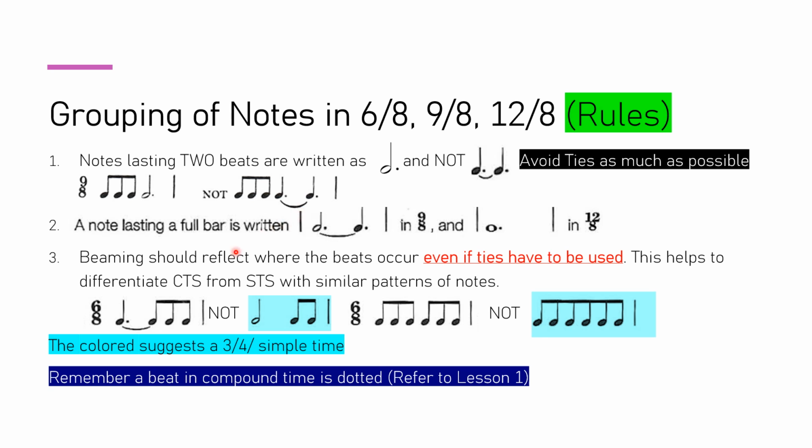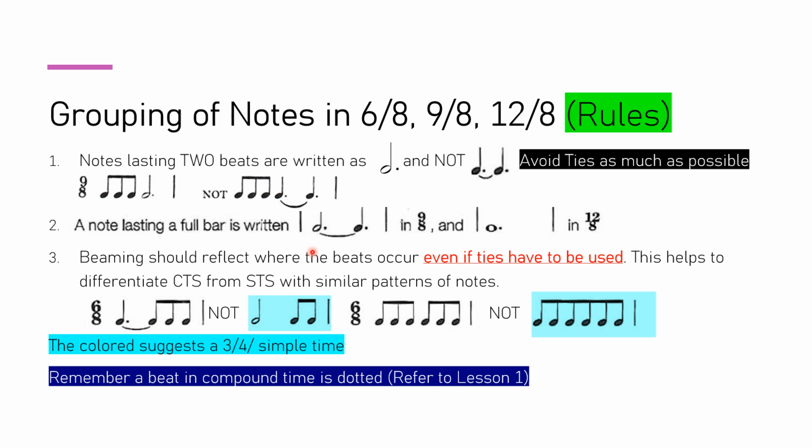Then the next rule is that a note lasting a full bar is written as a dotted minim tied to a dotted crotchet for 9/8, and a dotted semibreve in 12/8. Please note that those are just simple things you need to know. If you have 9/8 and a full bar, you can't just put a single note, so you have to complete the bar.